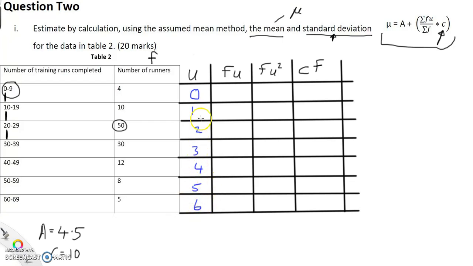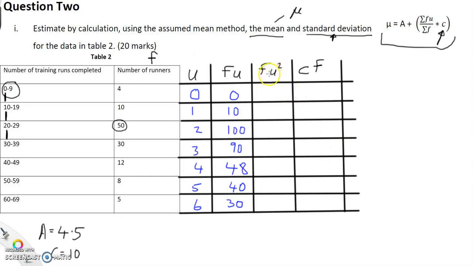Then the FU is just F multiplied by U, and you see we've lined them up here. 4 times 0 is 0. 10 multiplied by 1 is 10. 50 times 2 is 100. 30 times 3 is 90. 12 times 4 is 48. 8 fives are 40. 5 sixes are 30.